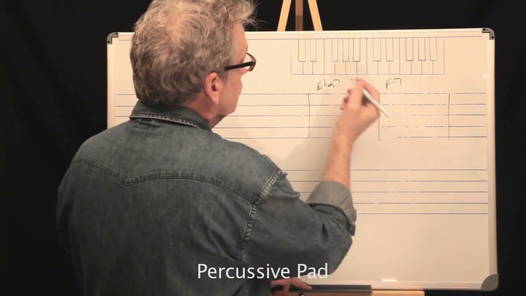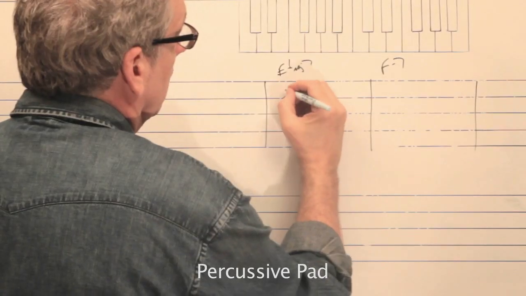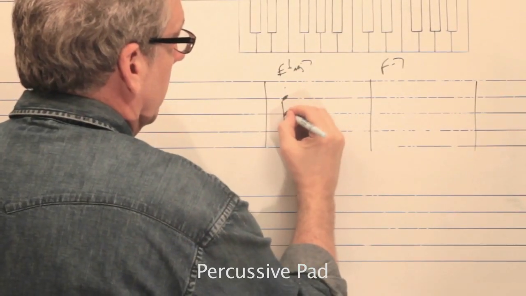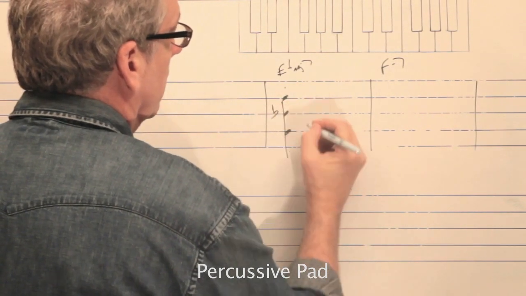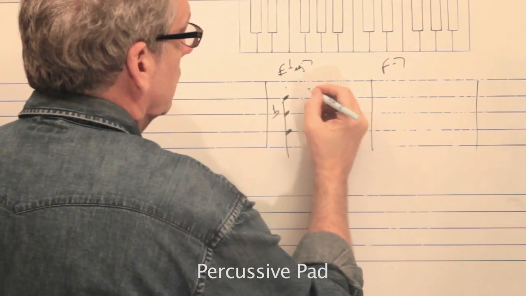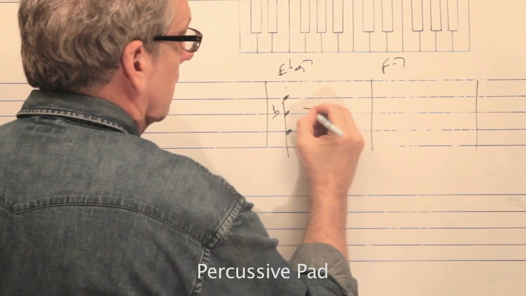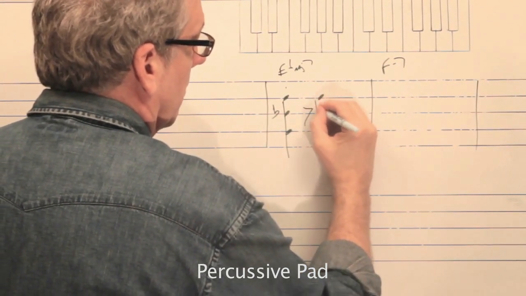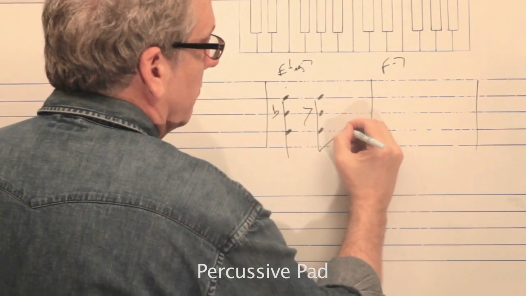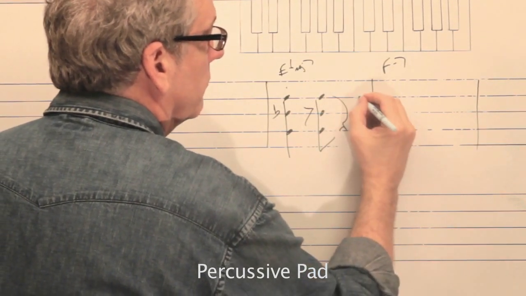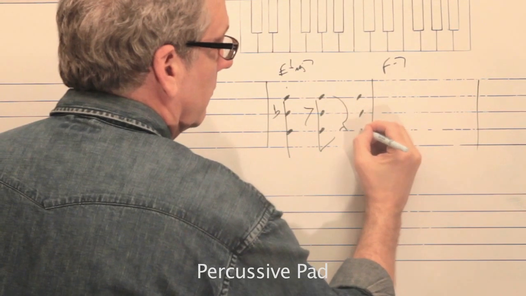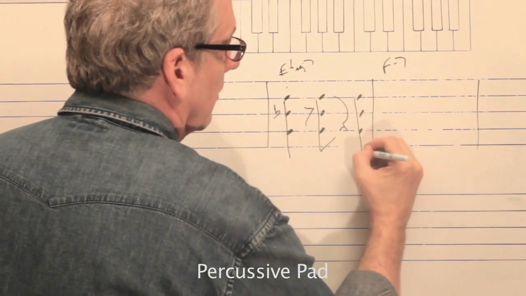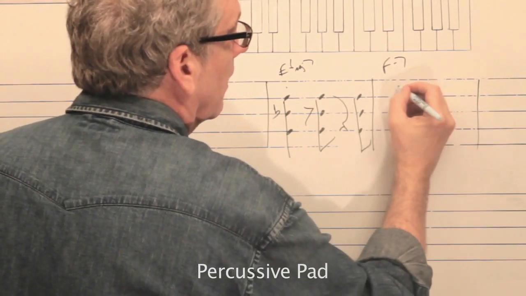So instead of the whole notes, now we can go, here's for 3 horns. We're going to go something like this.